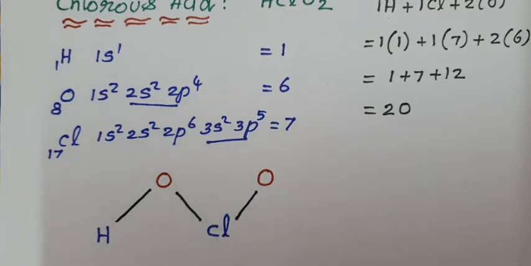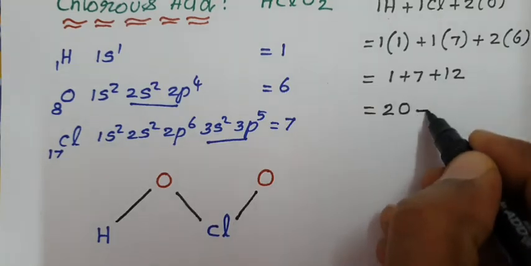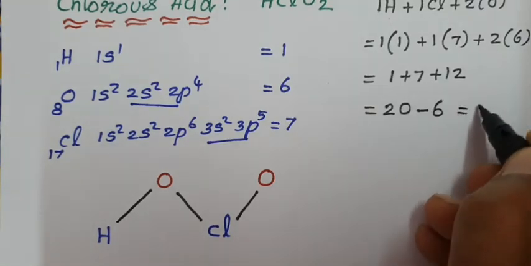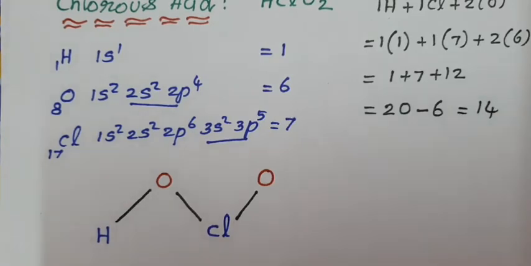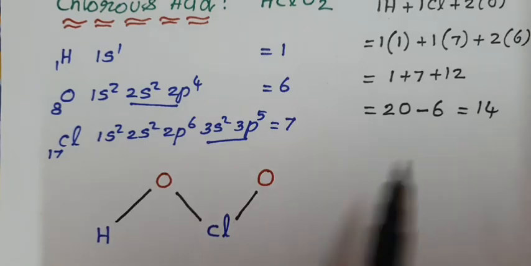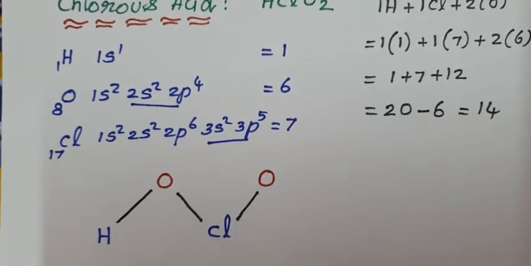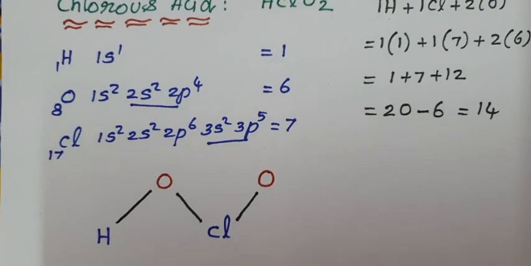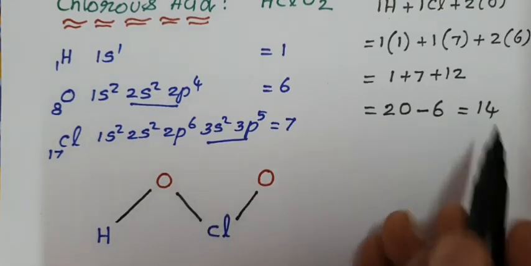How many bonds? 3 bonds. 1 bond contains 2 electrons, so 3 bonds use 6 electrons. 20 minus 6 equals 14 electrons remaining, which should be distributed as lone pairs, starting from the more electronegative element. The more electronegative element is oxygen. So first fill up the octet around oxygen using these 14 electrons.